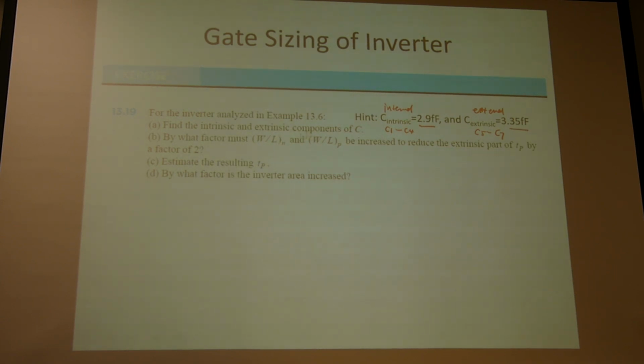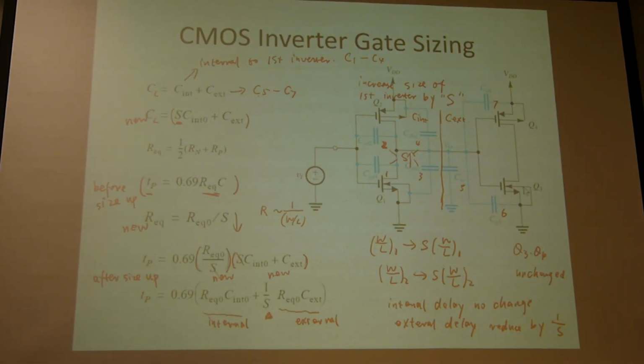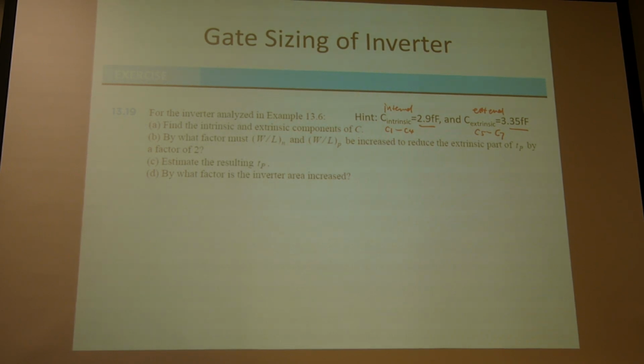If it asks what W over L needs to be increased to reduce the extrinsic external part of the TP by a factor of 2, that means you want to reduce the external delay by a factor of 2. Then of course your S factor will be 2, and your W over L will increase by 2.